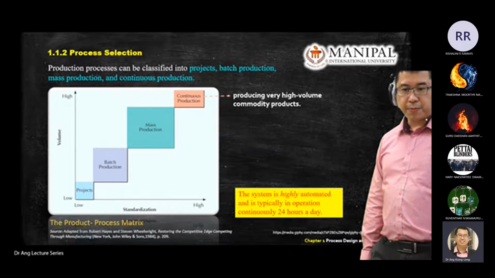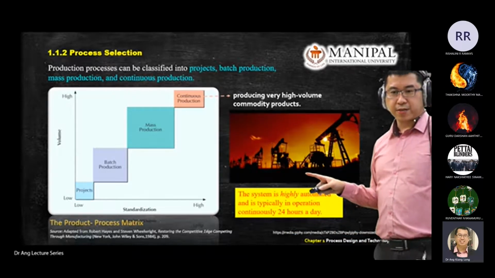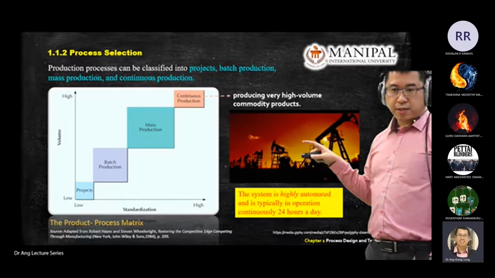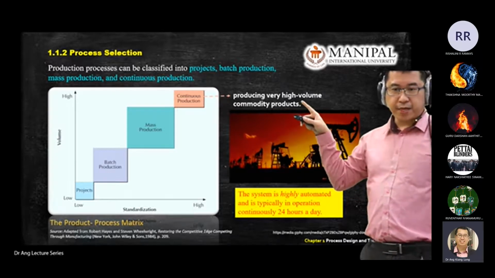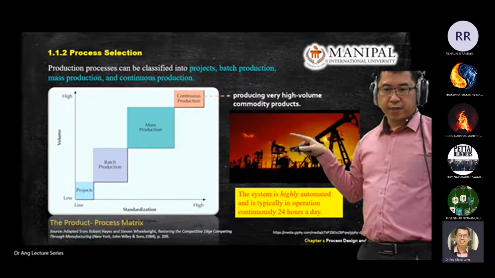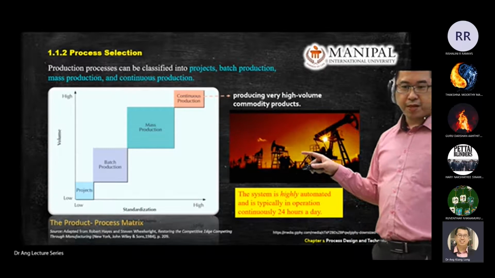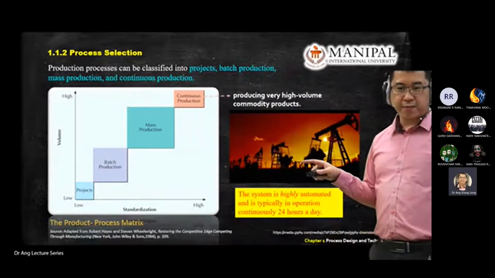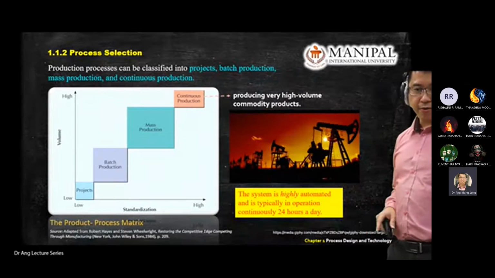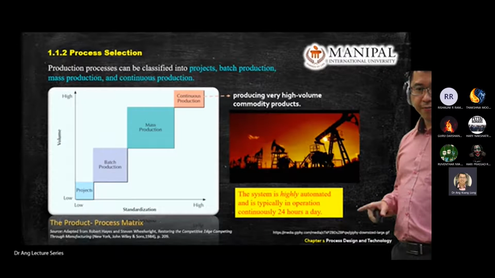I give you an example. Oil and gas industry. Petrol you need every day, and it comes in a very high volume when they sell it. They sell in billions and sometimes millions of barrels to cater for the needs of daily life.